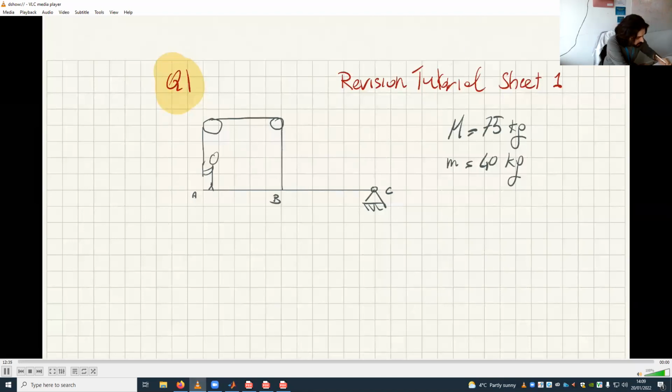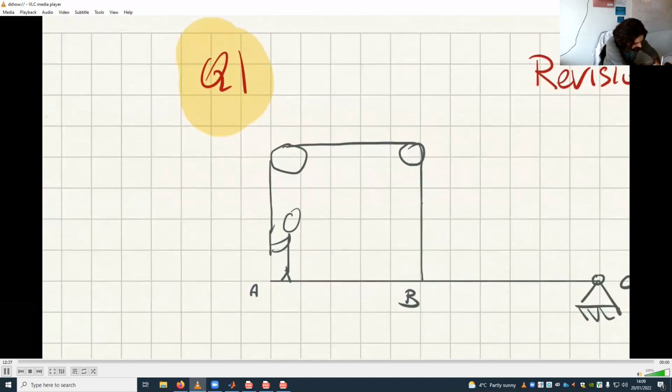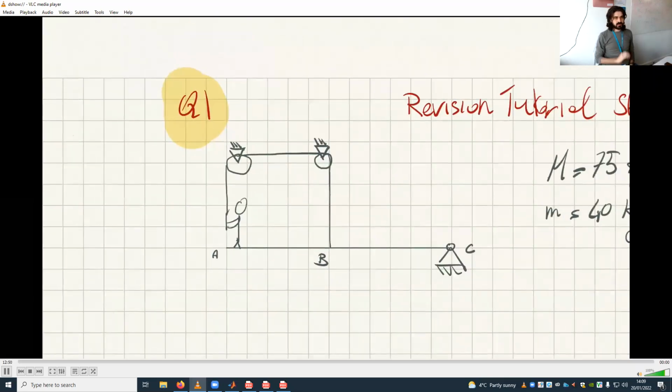So of course we have here the pulleys. These pulleys are of course pinned in place as well. This is a very crude representation of a man on the beam.